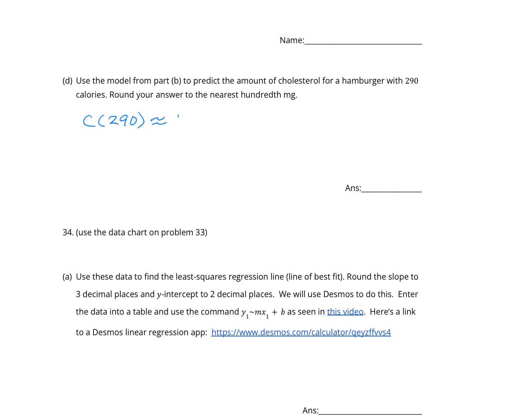That's going to be 0.143 times 290 minus that 10.06 from our equation. And that's going to work out to be roughly 31.41. And again, always a good idea to put units. That's 31.41 milligrams.